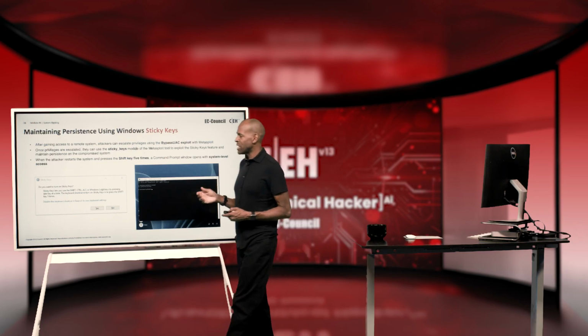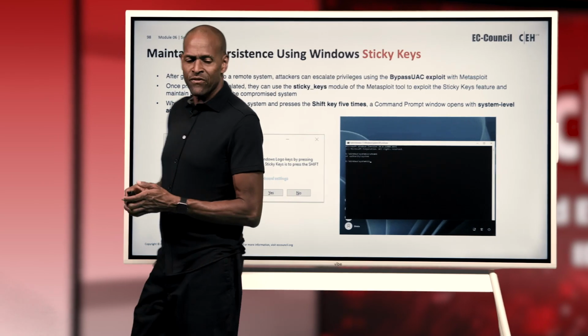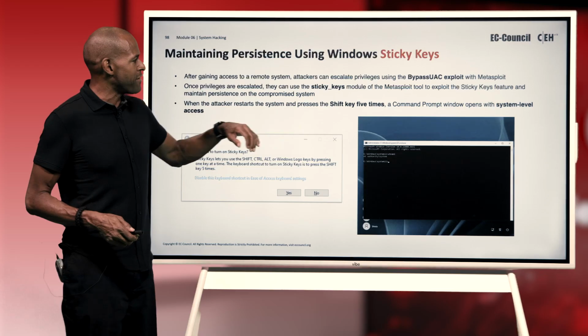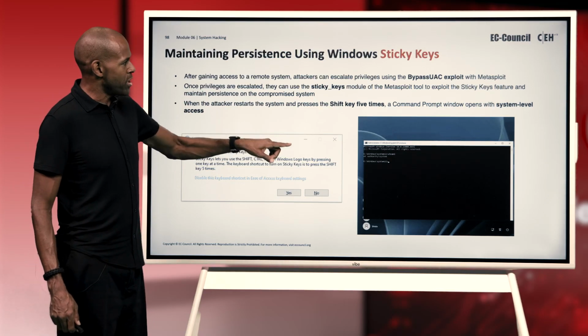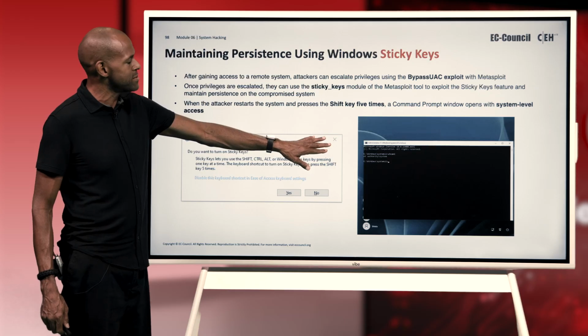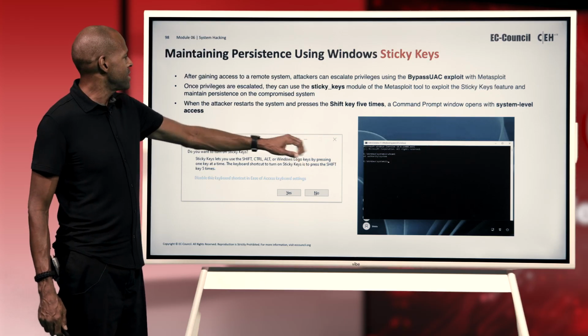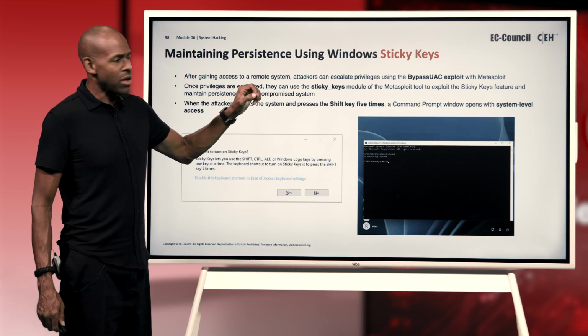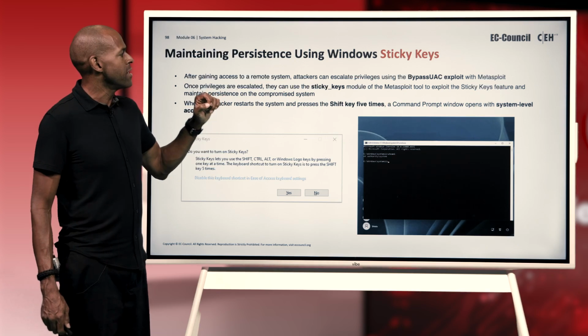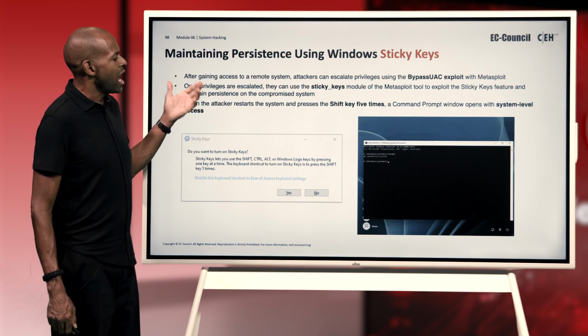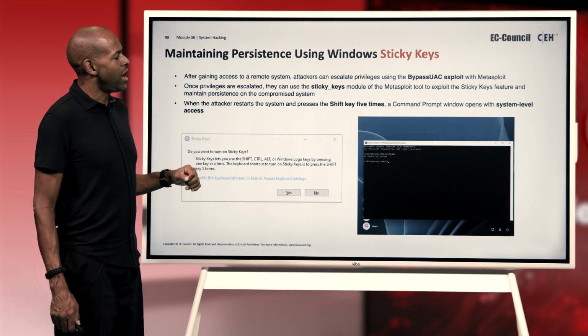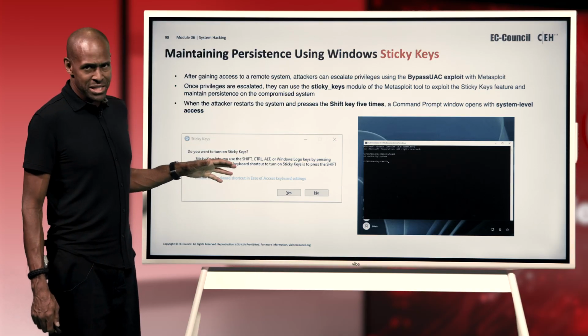If you look at the way this works, if you hit the shift key 5 times, a command prompt pops up. And in order to bypass and hack sticky keys, there's a module called sticky_keys in Metasploit. We can use the sticky keys feature and hide our attack on that system and maintain our presence.